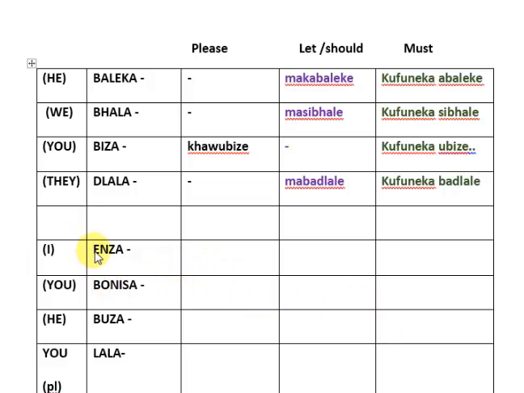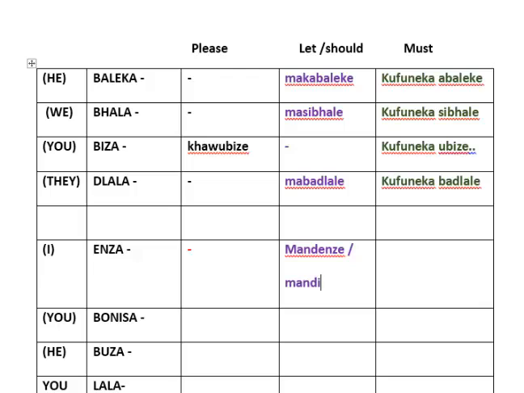Let us look at enza. This one is a bit of a difficult one because of the fact that it begins with a vowel. Okay, please is not involved there. Let me make, let's say, coffee. Mandenze, and some people could prefer to say mandienze.